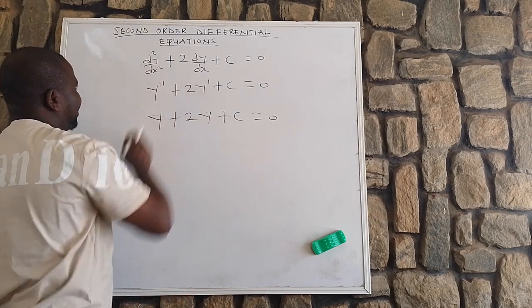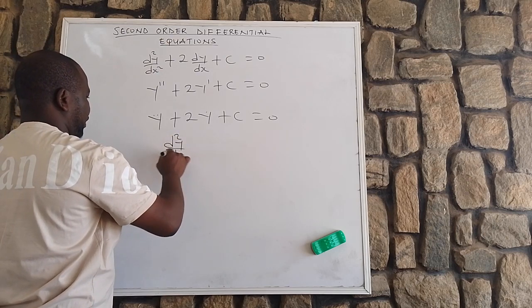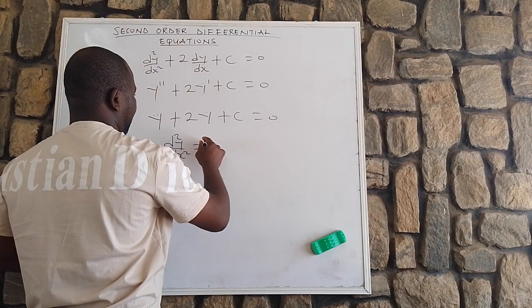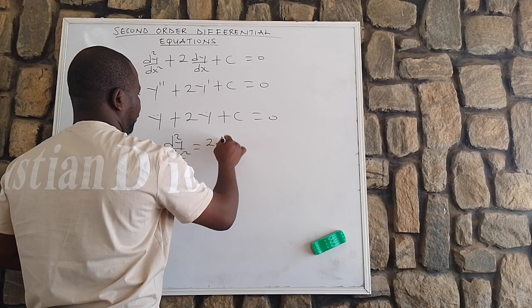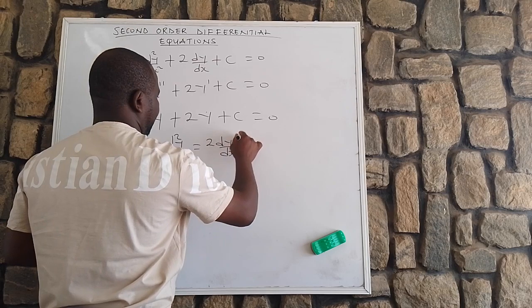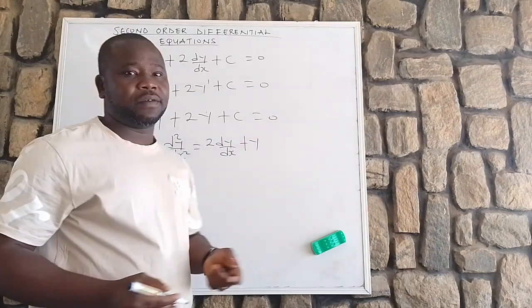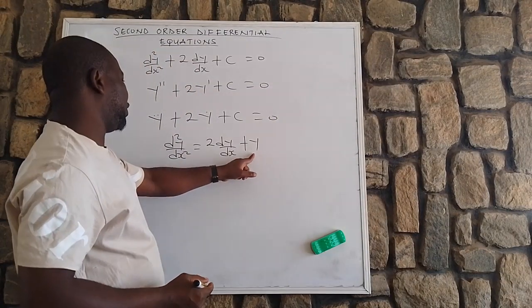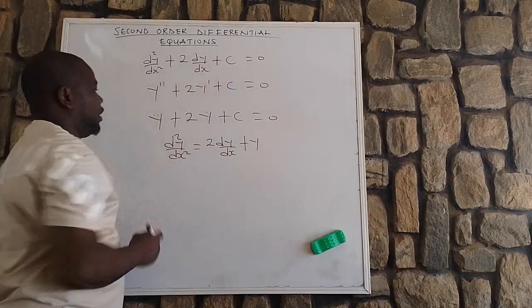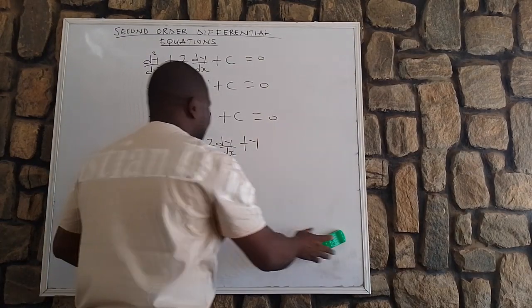Sometimes you might see it in another form, like 2 dy/dx plus y, and this one too is a second order differential equation. What you need to do is take this one to the left hand side. It will give you something like this. Okay, so now let's look at the problem my follower sent.